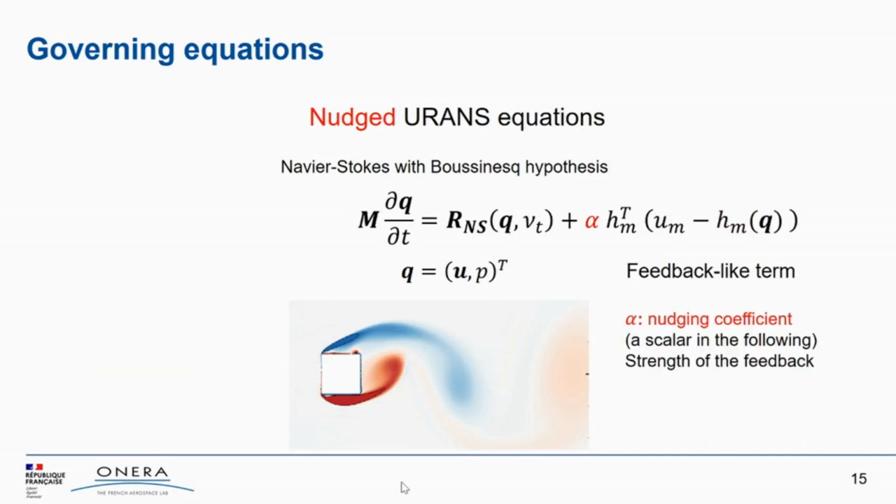And then when you go back to the space of the variable, thanks to the adjoint measurement operator HM transpose, you weight that feedback term with a nudging coefficient alpha, which is a scalar in the project here, and it gives you the strength of the feedback.